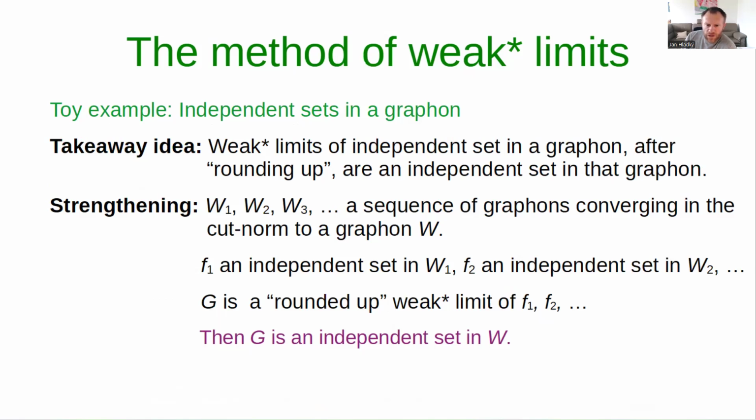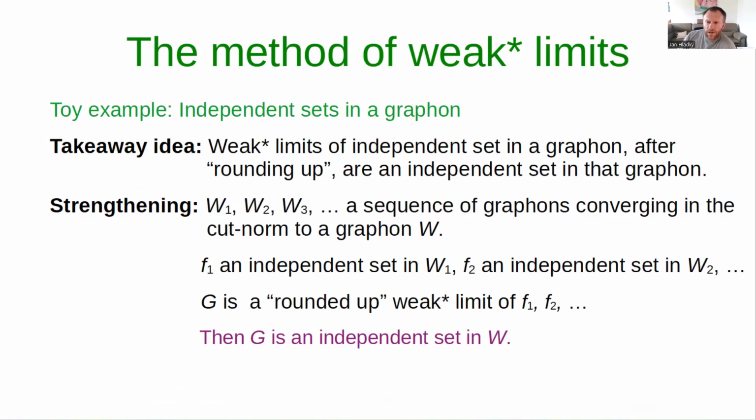You do not need to know the precise definition of the cut norm metric for this talk. It is perfectly fine to treat it as a black box today. But there is this absolutely central notion of the cut norm metric in graph limit theory.